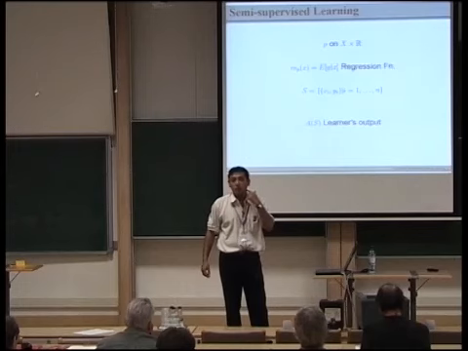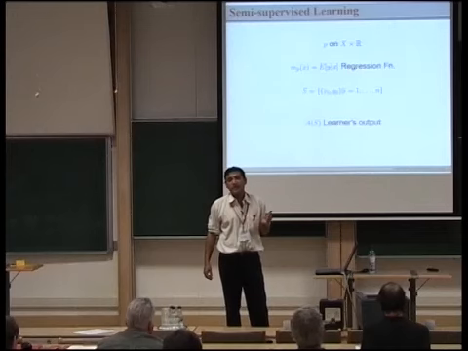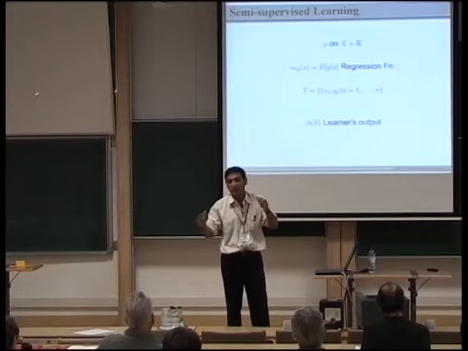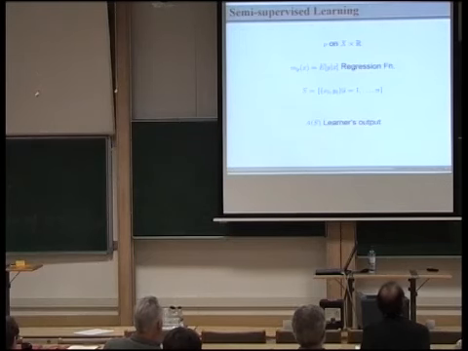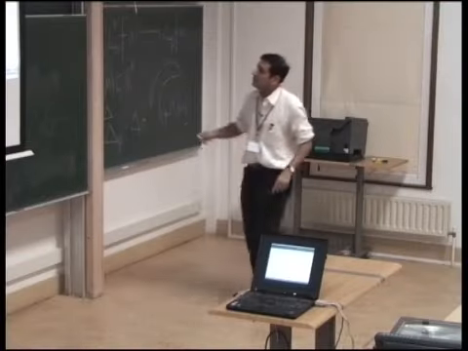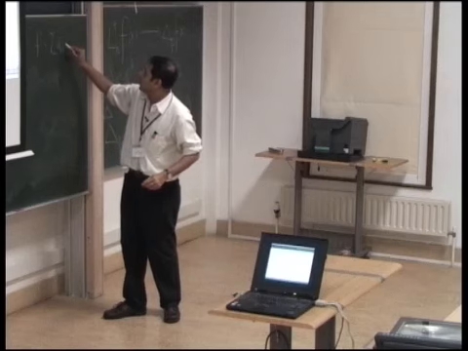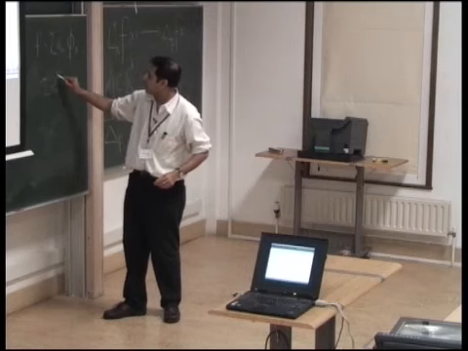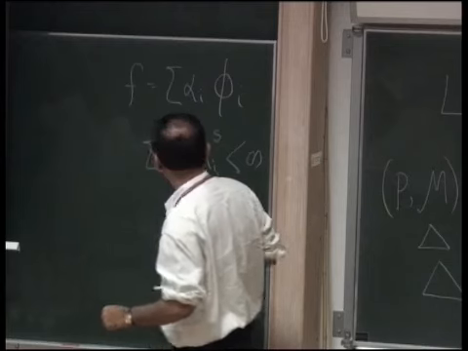So if you say that the function is smooth with respect to the manifold, that says that essentially the function has a compact representation in terms of the eigenfunctions of the Laplacian. And there are 2 different ways in which one could write it. Essentially, a Sobolev space on the manifold is simply f can be written as the sum of alpha_i phi_i, where the summation of alpha_i squared lambda_i to the s is less than infinity.